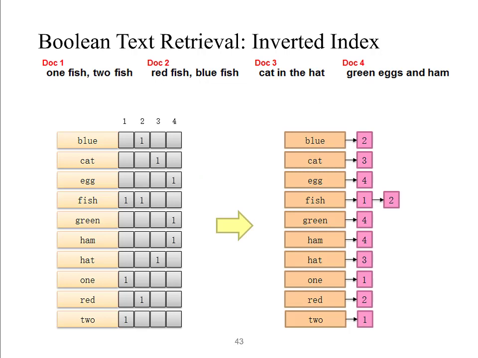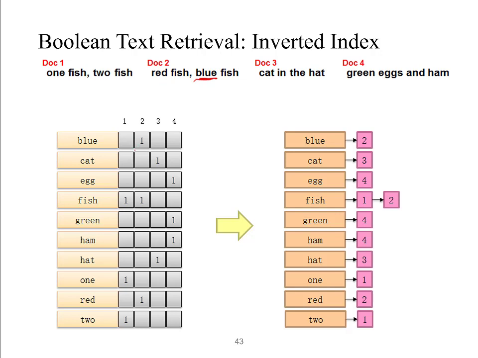Now this is an example of an inverted index. Assume we have documents 1, 2, 3, and 4, and each of them has some terms. For example, blue appears here only.